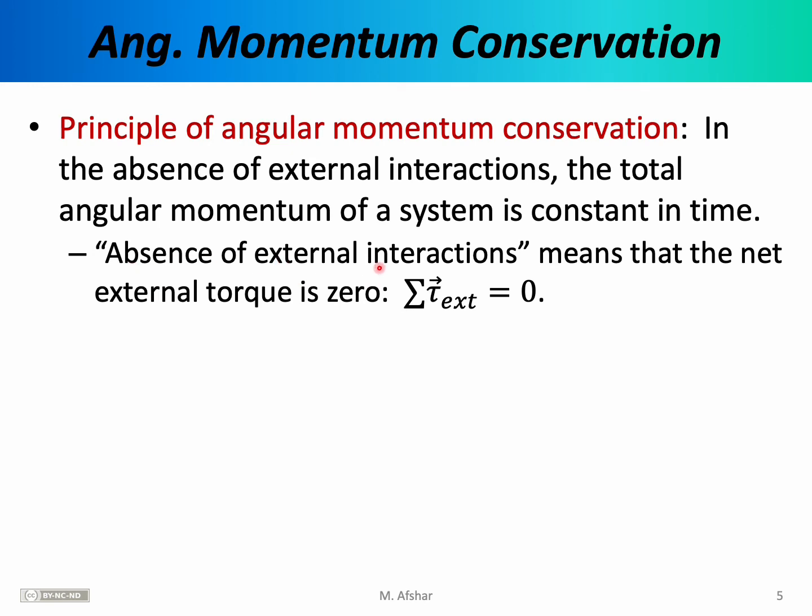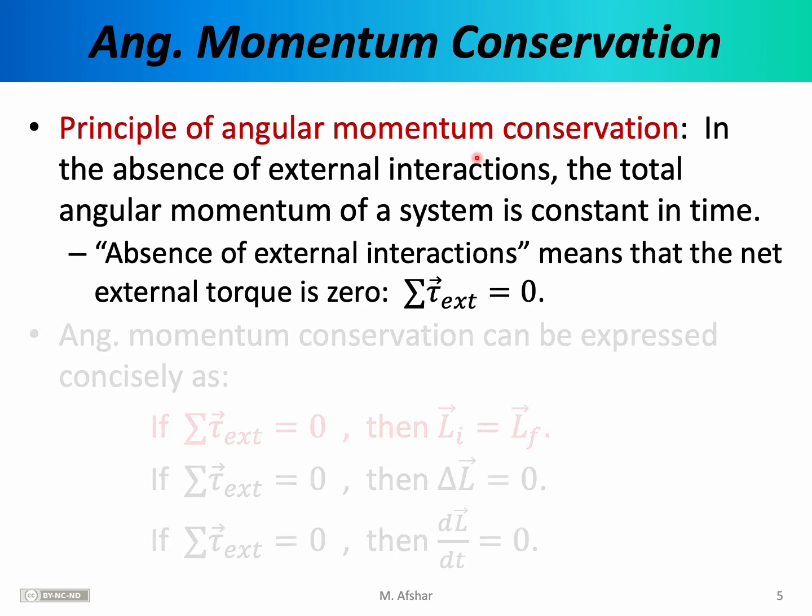There, in the context of linear momentum, absence of external interactions meant that the net external force was equal to zero, but in the context of angular momentum, it's the net external torque that must be zero in order for the angular momentum to be conserved.